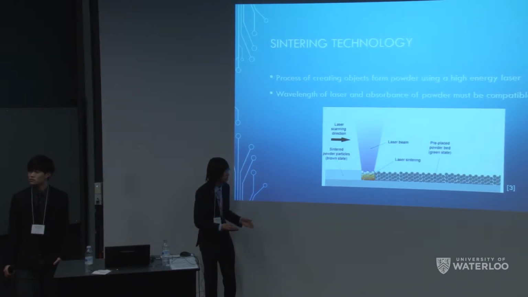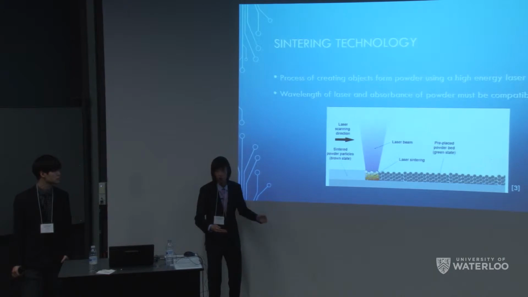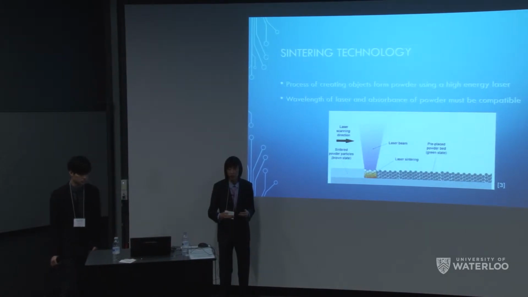What's really important here is that we make sure that the powder bed material absorbs the actual wavelength of the laser, so we need to optimize that correctly, and that the laser itself outputs the correct power required for sintering to occur. Sintering is different from melting.